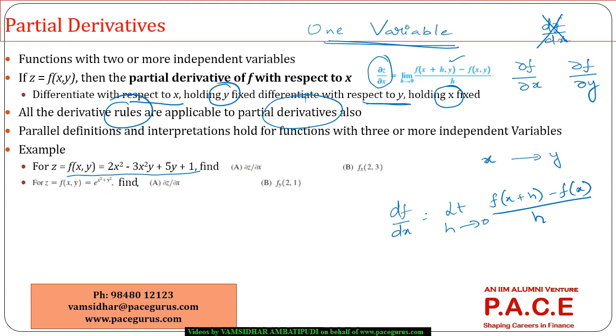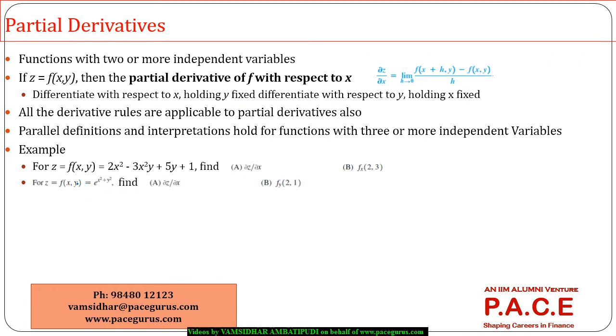So let's look at a few simple examples to work with. If I'm saying f of x, y is this much, how do I find dou z by dou x? I'm finding the derivative of this function with respect to x, keeping y as constant. So wherever y is there, I'll keep it as a constant.